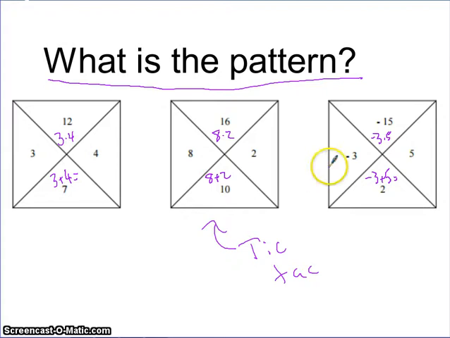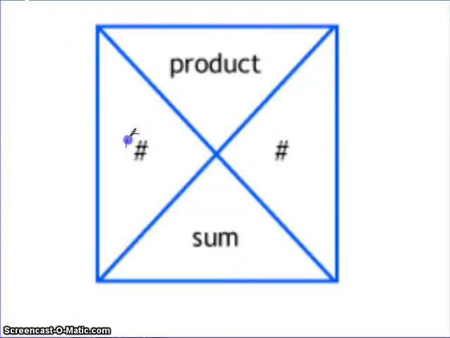So the rules of this game are that you take 2 numbers on the left and the right. The top is the product, or multiplication, of those 2 numbers, and the bottom is the sum, or the add, of those 2 numbers. So that's the tic-tac game.